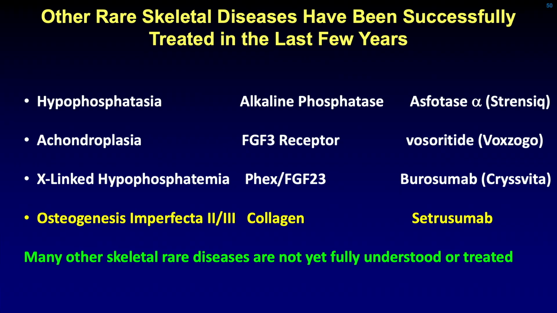In particular for these antibodies, for osteogenesis imperfecta, there is a phase 3 ongoing with another inhibitor of sclerostin. But I want to also emphasize that 3 very rare diseases have found treatments in the last 5 years, more or less.